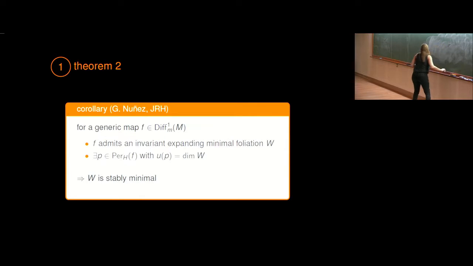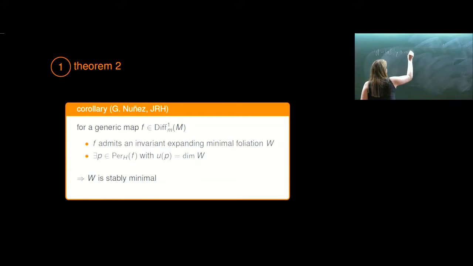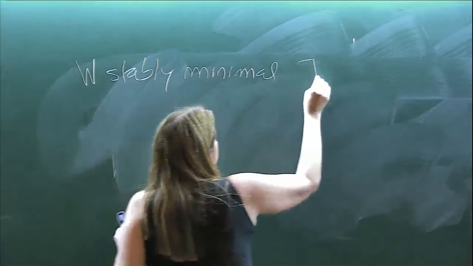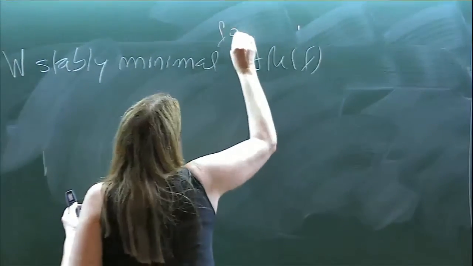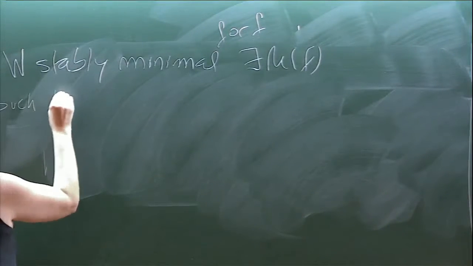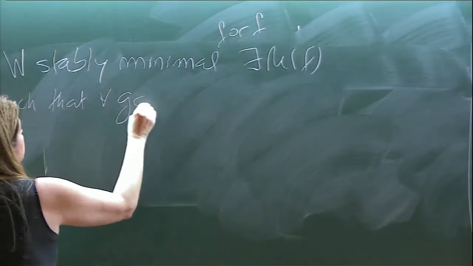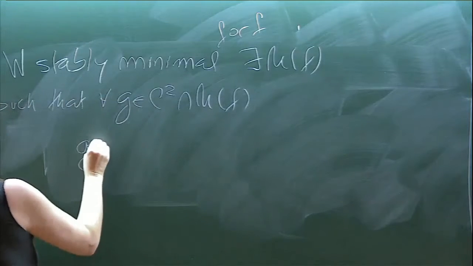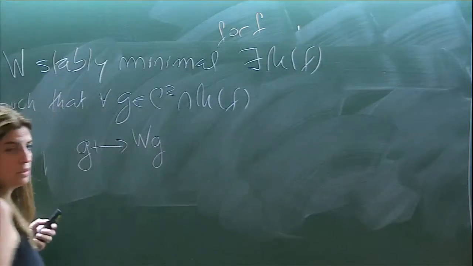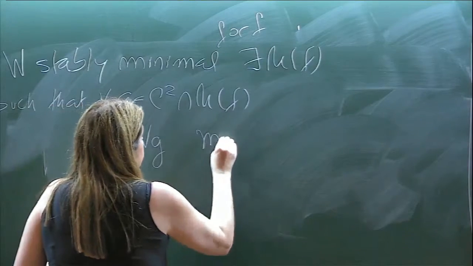Stably minimal for F means there exists a neighborhood of F such that for all G in C2 in this neighborhood, there exists the analytic continuation of this invariant expanding foliation, and this analytic continuation is minimal.